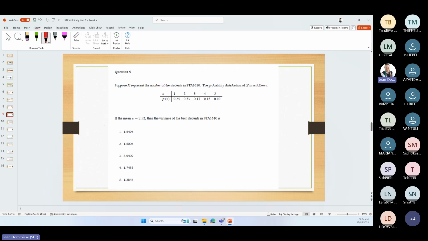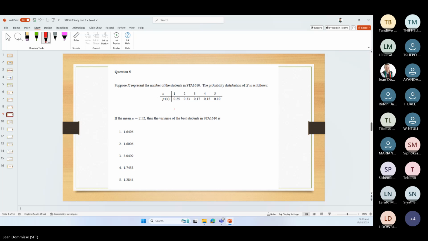Okay, so now the same, on a probability distribution, so again, discrete. Here they give us the mean, and then they want us now to work out the variance. So this one is a bit longer if you work it out on paper.